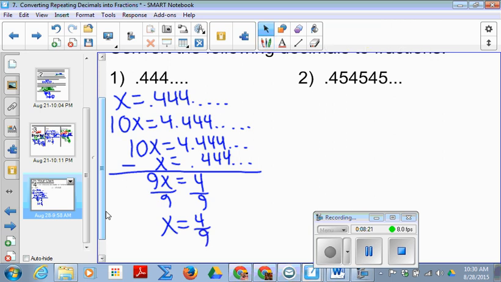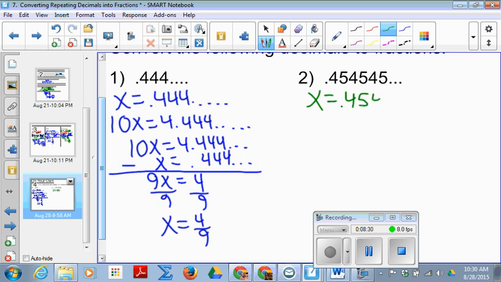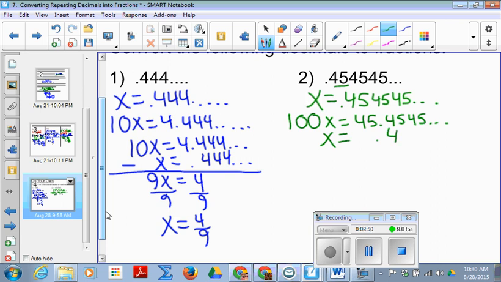Now we've got a 2-digit repeater over here. So we've got 45/100ths repeating. That's our original. Since we have 2 digits, we want to get that 45 as the repeating part, so we'll multiply each side by 100. Subtract our original from that.